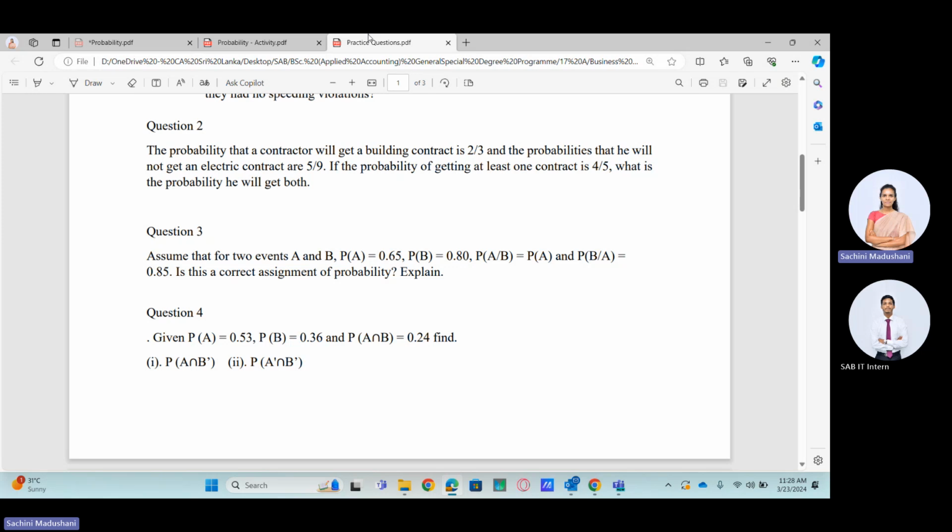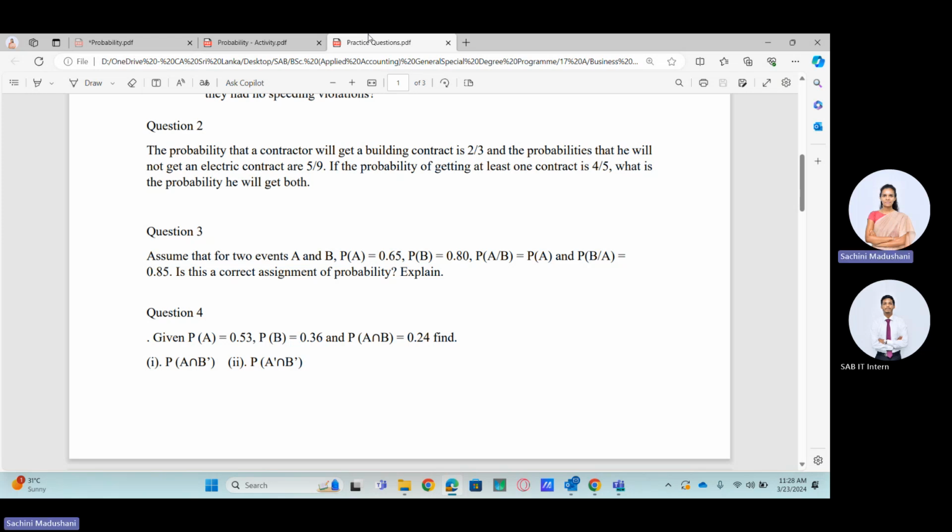Then the question asks he will get both. It means intersection. You can use the addition law of probability. Then you can get the value for this question. What is the answer? Union equals P(A) plus P(B) minus intersection.